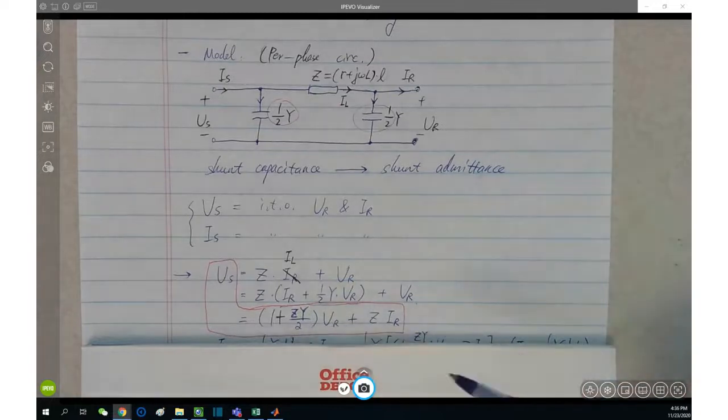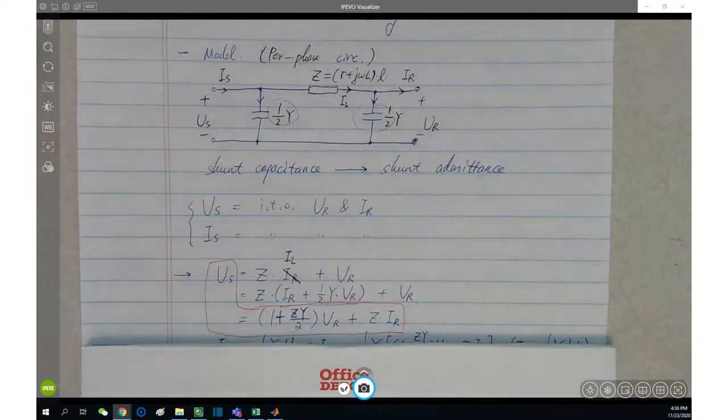When no load, what's the immediate consequence? No load means what? Remember that? I emphasized that concept in the short line model. What's the immediate consequence? No load. No current. Good, very good.